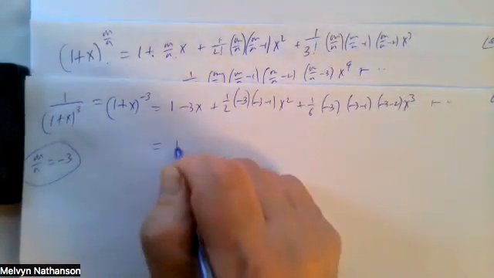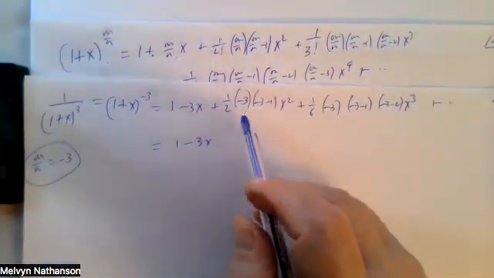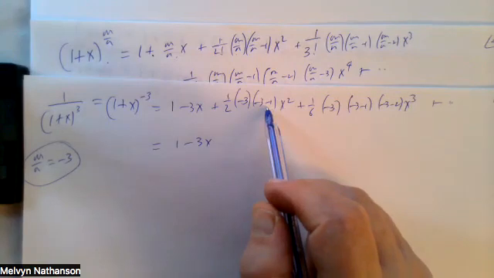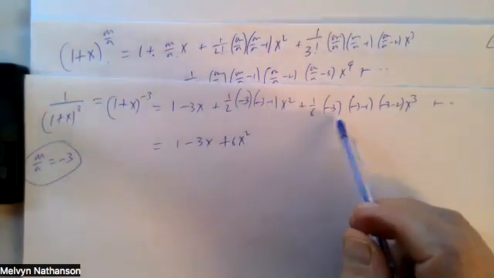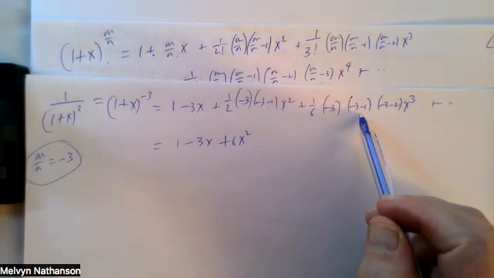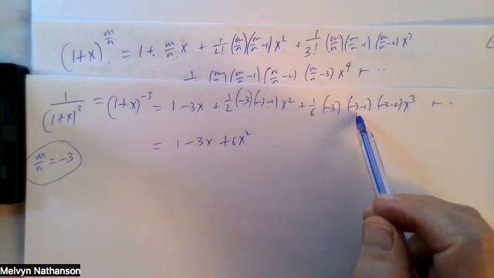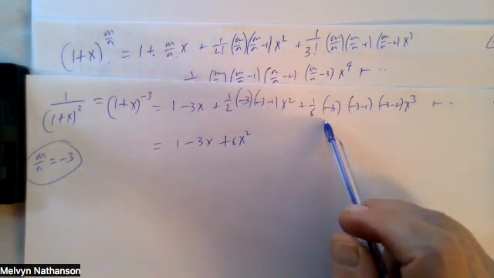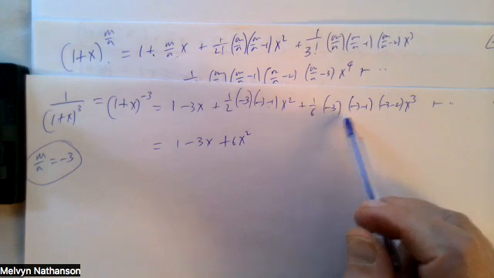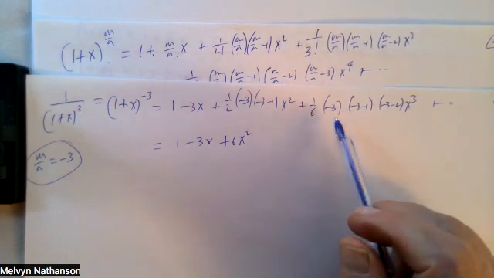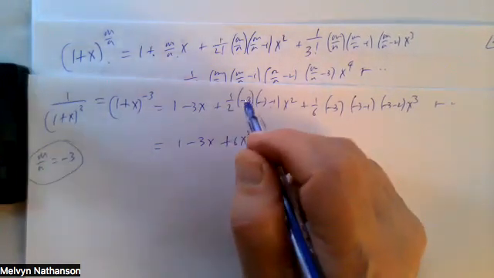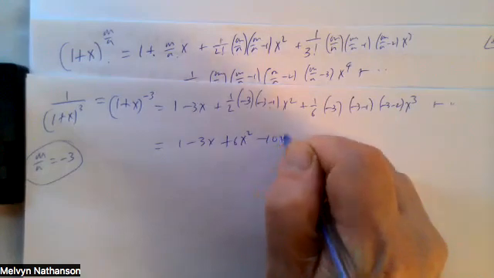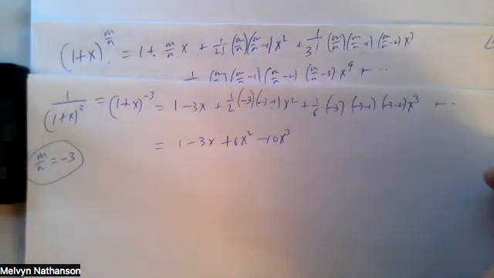This is 1 minus 3x, minus 3 times minus 4 is plus 12 over 2 is 6. Minus 3 times minus 4 times minus 5 is minus 60, over 6 is minus 10 x cubed. Let's see, what's the next term?